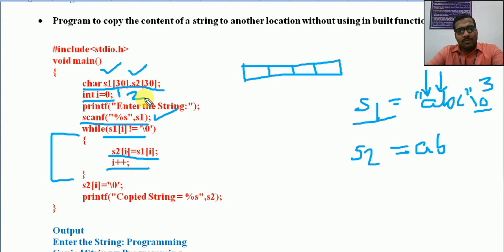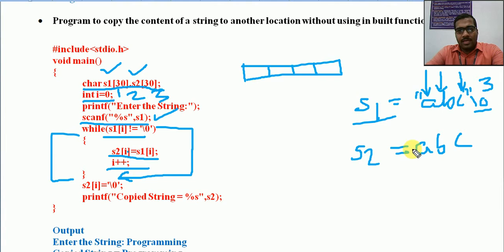Then again s1 of i means second location, s2 of 2, this C will be assigned. Remember? Okay. So again i plus plus, it will become 3. Then s1 of i reaches 3, that is the \0 location, right? So when it reaches \0, it will come out of the while loop.